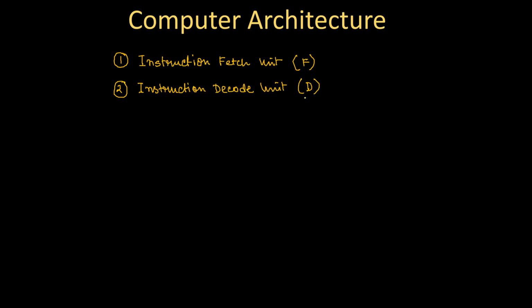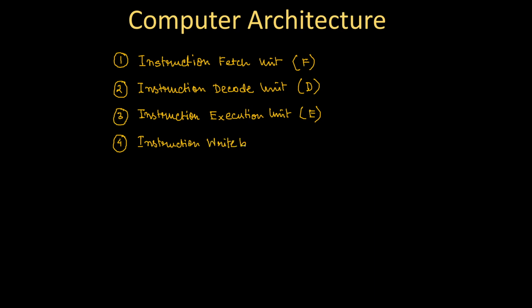We can name it as D. Then 3, we can say instruction execution unit, as E. And the fourth component that I can write is instruction write back unit, for writing the result in the memory, say W.